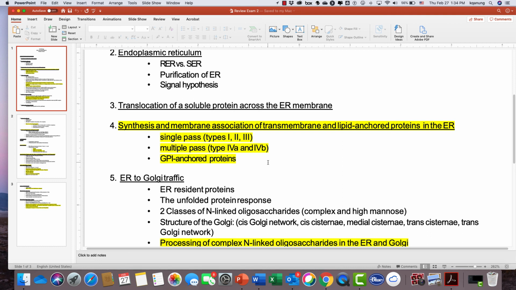As soon as that appears, it is not compatible with the cytosol due to the hydrophobicity, and immediately an SRP, the signal recognition particle, will come in and bind. It will not bind until an SA or STA sequence comes out, because this part is completely polar and compatible. And then it brings the ribosome to the translocon.